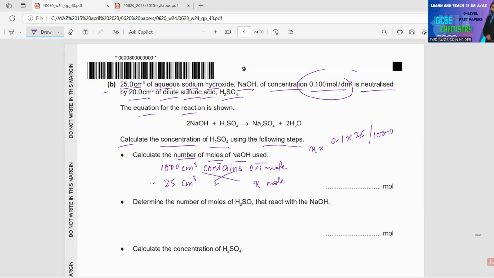So the answer must be 0.0025 moles. These are the moles of sodium hydroxide.